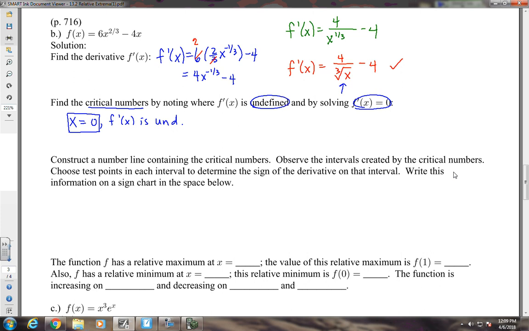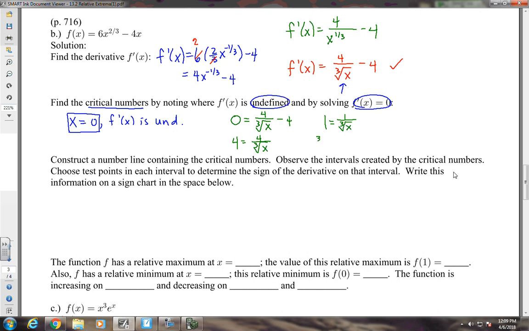To find any other possible critical numbers, I'm going to set my derivative equal to 0. So I need to solve 0 equals 4 over the cube root of x minus 4. Well, let's add 4 to both sides. And then let's divide both sides by 4. When I divide both sides by 4, I end up with 1 equals 1 over the cube root of x.